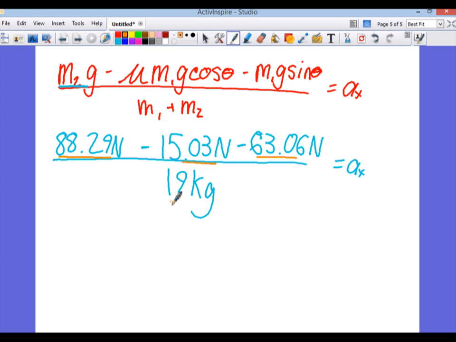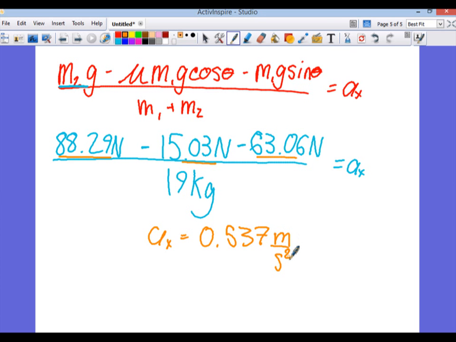So 88.29 minus 15.03 minus 63.06, I get 10.2, and then that gets divided by 19. I get an acceleration of 0.537. I get that ax equals 0.537 meters per second squared.